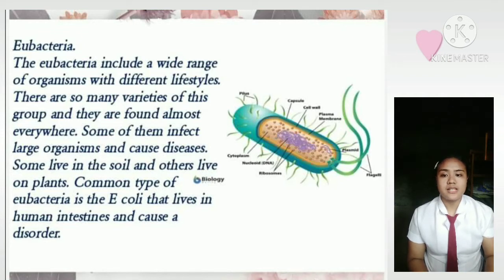So, sinasabi na ang common type of eubacteria is E. coli that lives in human intestines and causes a disorder. So, ito ay nagiging effect nito sa tao is nagkakaroon ng disorder.